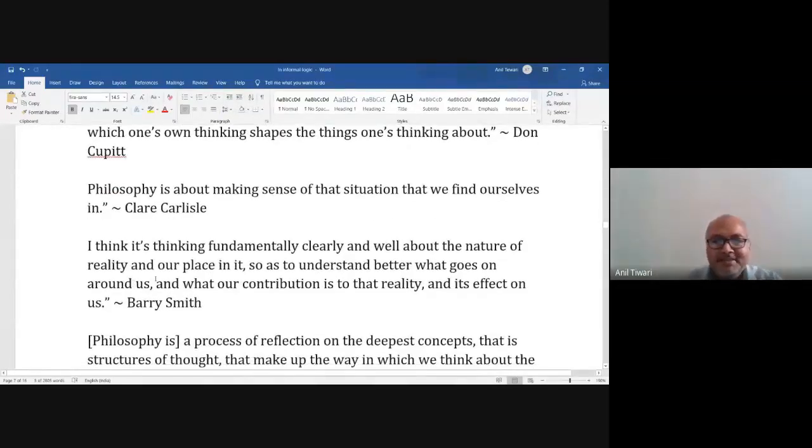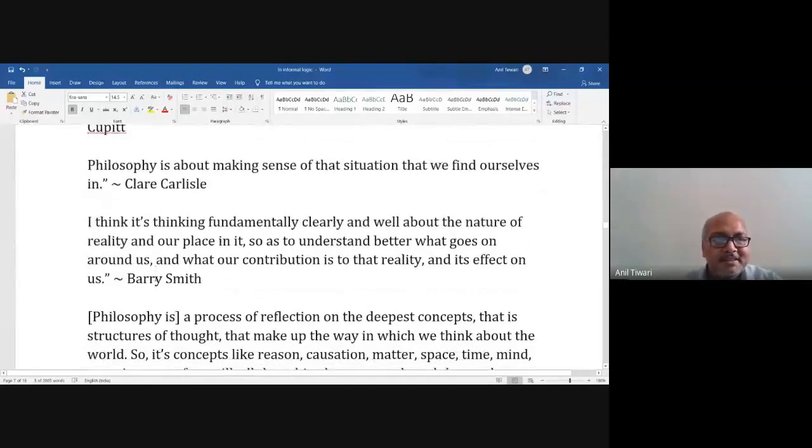Barry Smith, what he is pointing out, I think it's thinking fundamentally, clearly, and well about the nature of reality and our place in it, so as to understand better what goes on around us and what our contribution is to that reality and its effect on us.